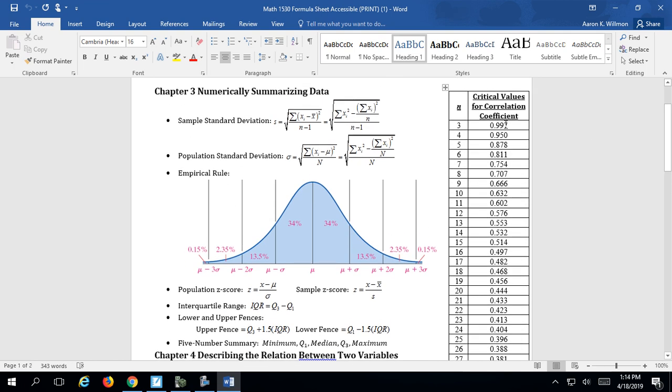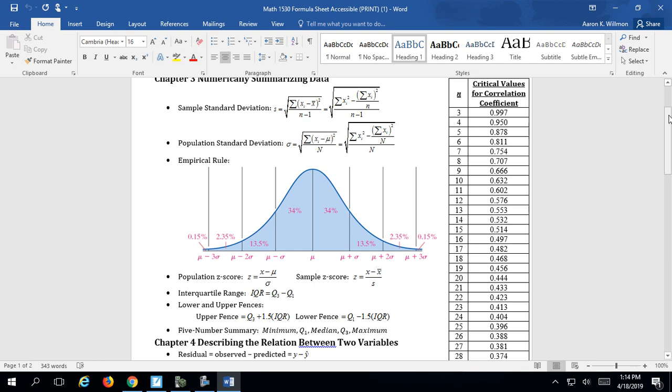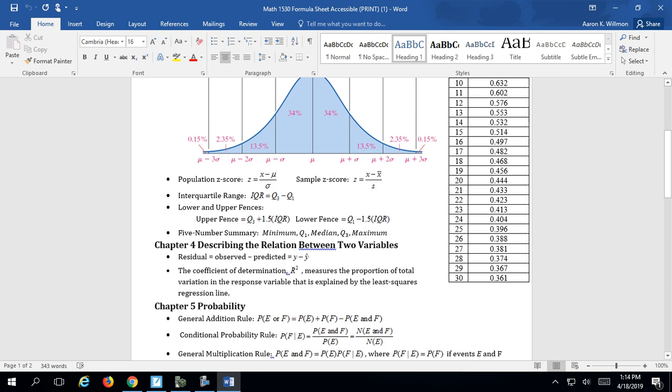And there's this big table here, and it gives you the critical values for the correlation coefficient. And that correlation coefficient is our R, okay? And by sample size, that correlation coefficient changes. Our sample size is 30. We have the 30 NBA teams. We're treating it like a sample because it's just 1 year, okay? So I'm going to go down to 30, and my critical value is 0.361.